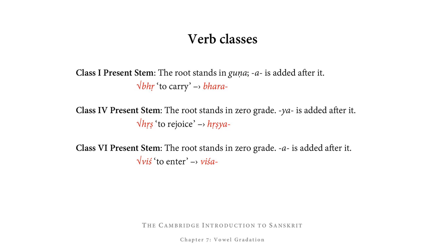In class 4 present tense stems, on the other hand, the root remains in zero grade and a ya is added after it. So a root such as hrsh, to rejoice, remains in zero grade, and we have ya added after it to give us hrshya. And then finally, in class 6 present stems, the root stands and remains in zero grade, and an a is added after it. So vish, to enter, then gives us the present tense stem visha.